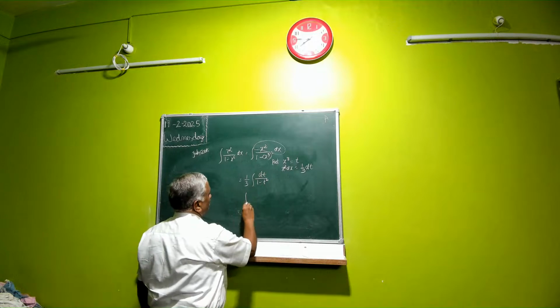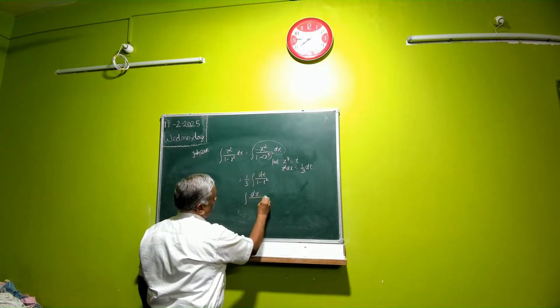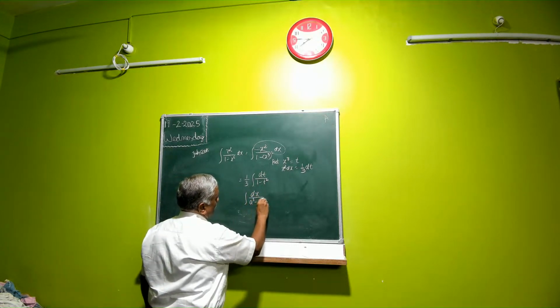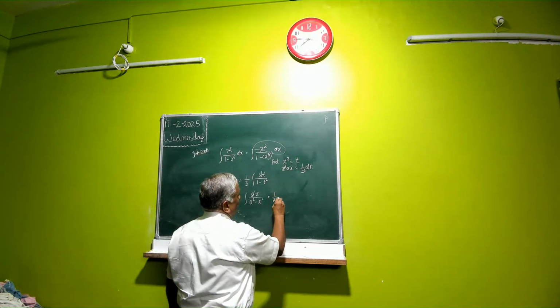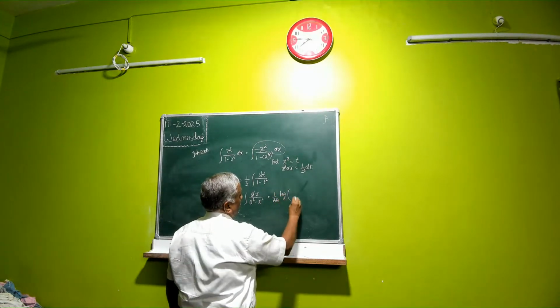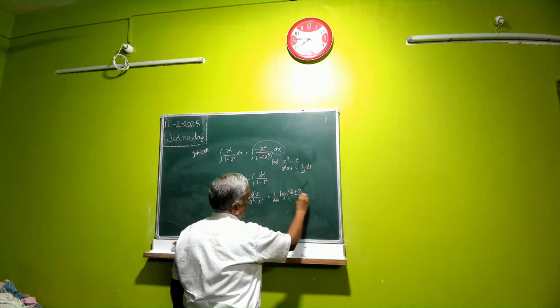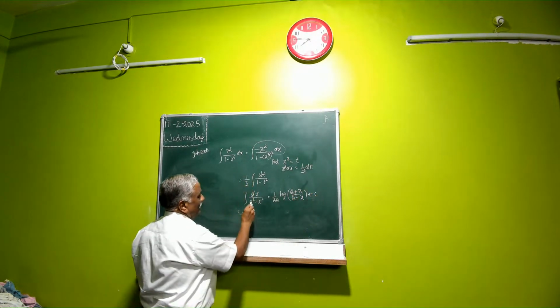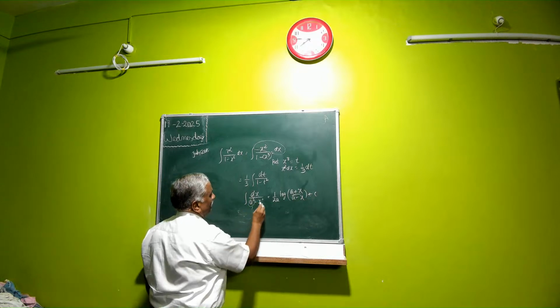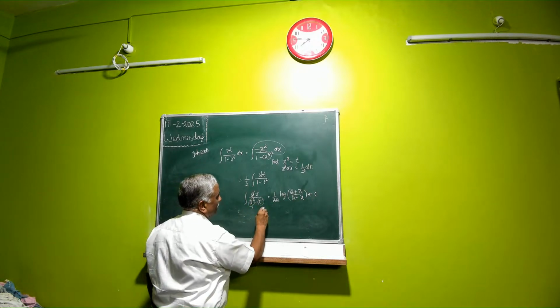Now we need a formula. What's the formula? For a square minus x square, it is 1 by 2a log of a plus x over a minus x plus c. Here a is 1, x square is t square.